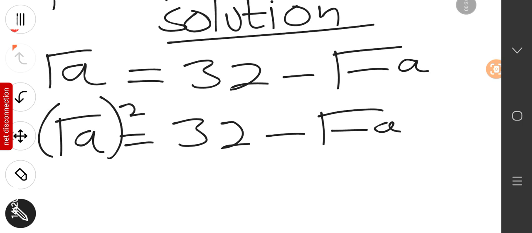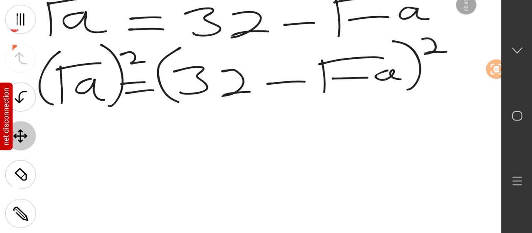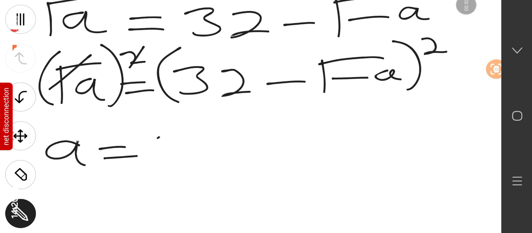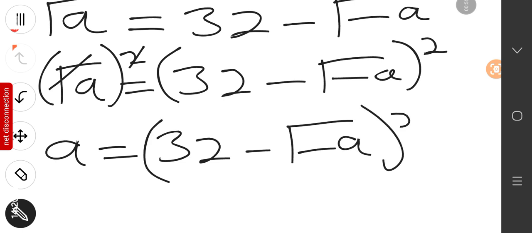We do that by squaring, and when you square the left part, you do the same thing to the right part as well. So this exponent cancels this square root, and you have a equals 32 minus the square root of minus a, all squared.